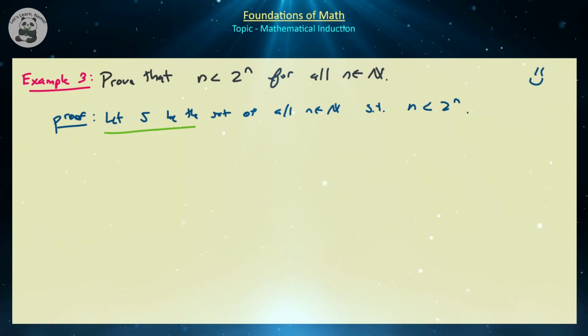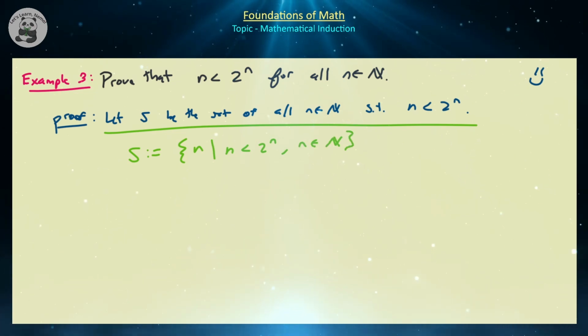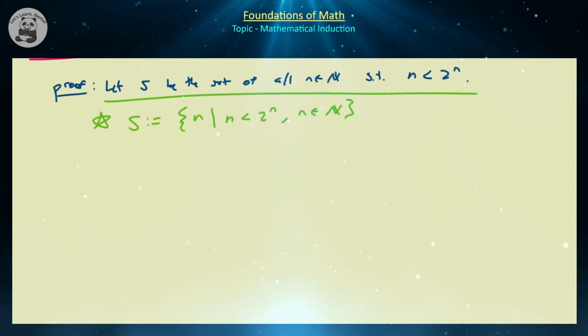Now, if you get tired of writing this formal statement, you can say that S is defined to be equal to the set of all n such that n is less than 2 to the n with n in the set of natural numbers. That would be a set equivalence way of writing that formal statement if you want to avoid, for example, the English wording of that.